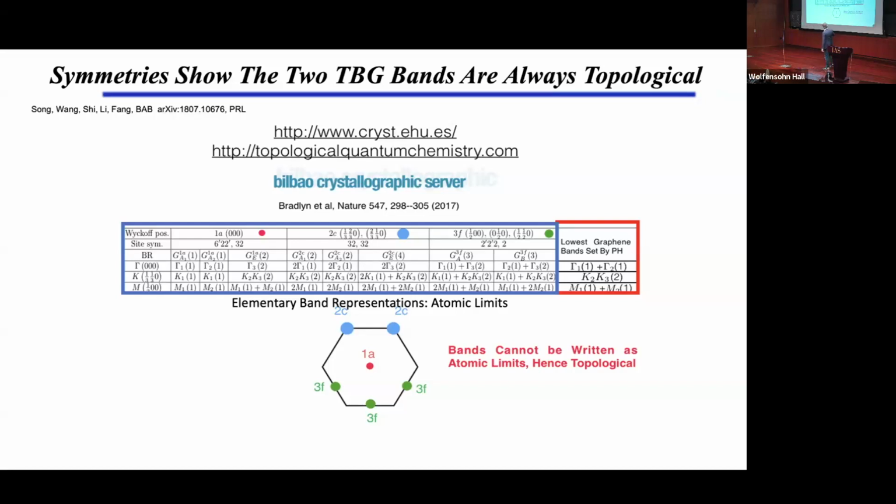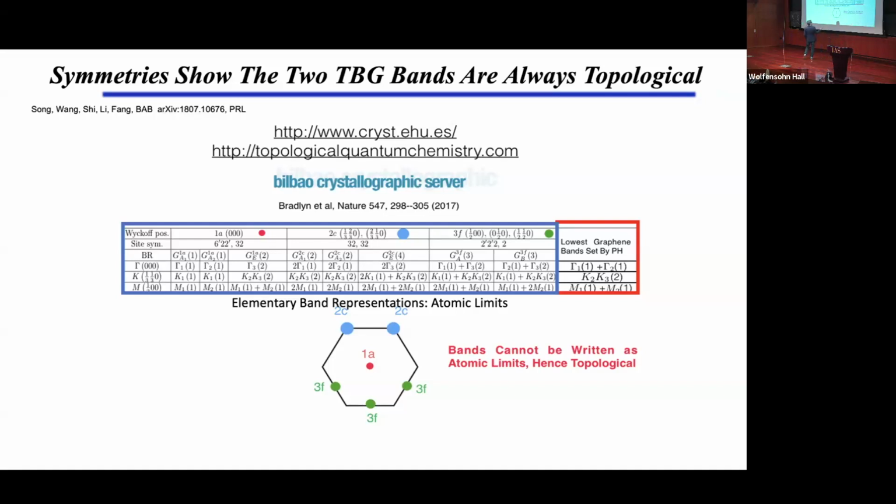Now look at our bands. Our bands in twisted bilayer have the following representation: gamma 1 plus gamma 2 at gamma, k2, k3 at K, m1 plus m2 at the M point. This bracket just tells you the dimensionality, so this is two-dimensional, so I have a Dirac point here. Basically you can see by simple inspection that there's no way of writing these bands as a sum of atomic limits.